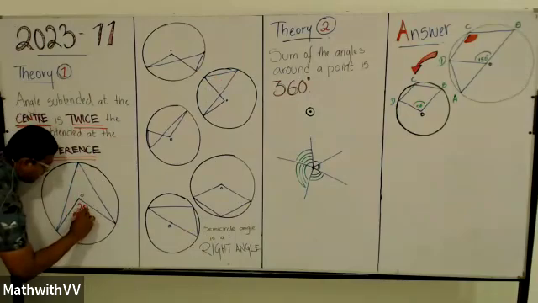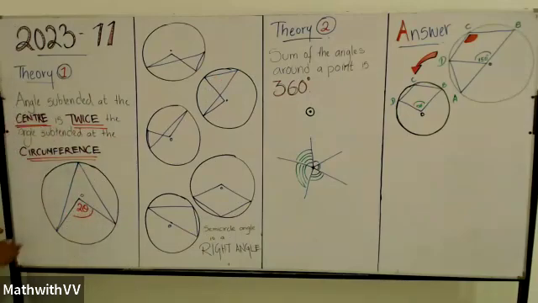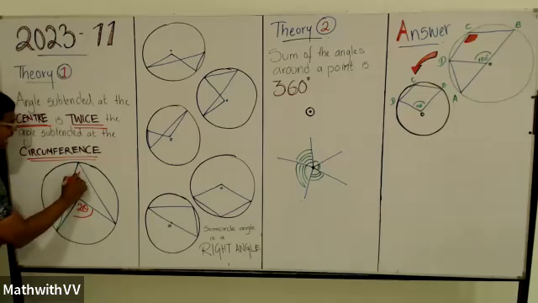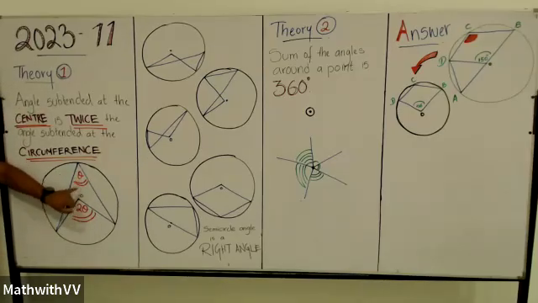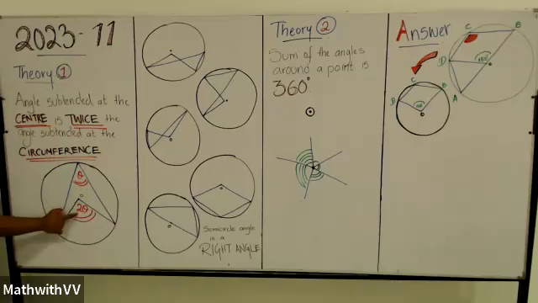Angle subtended at the center is double the value of the angle subtended at the circumference. If this is 200, this is 100. If this is 50, this is 25. This is 120, this is 60.